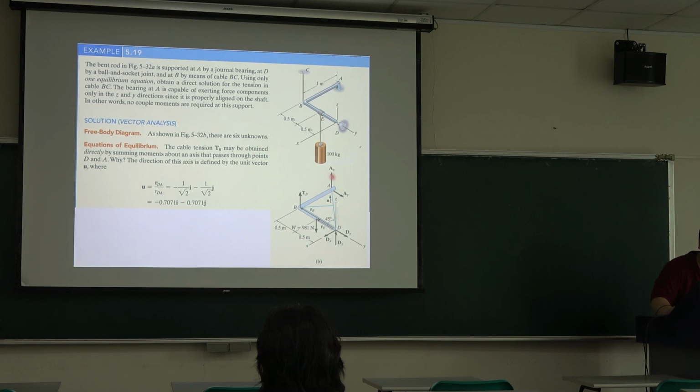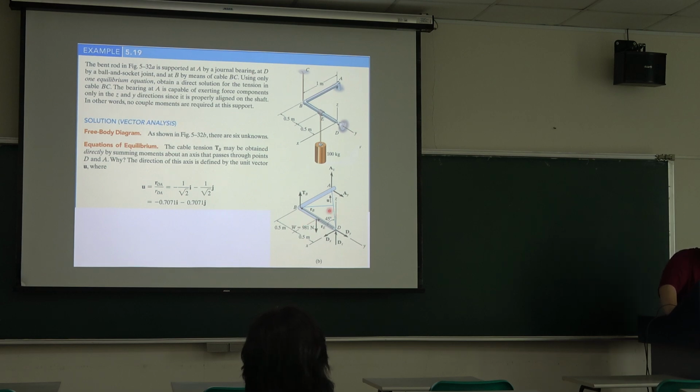If you set the moment axis at AD, then we don't care about this force and these three forces. We just care about this force and this force. These two forces will let this moment axis get the moment. Okay, so we can set the moment axis at this line.